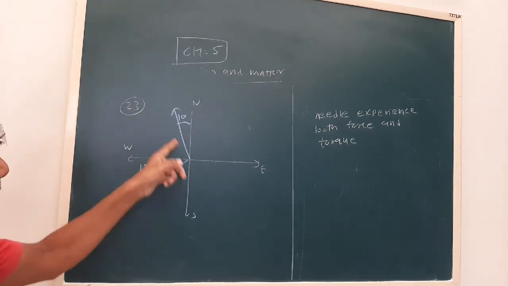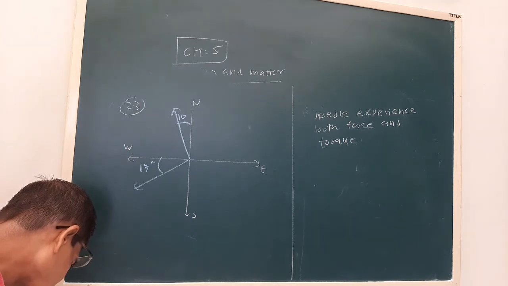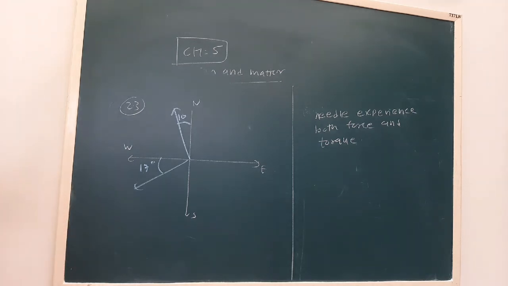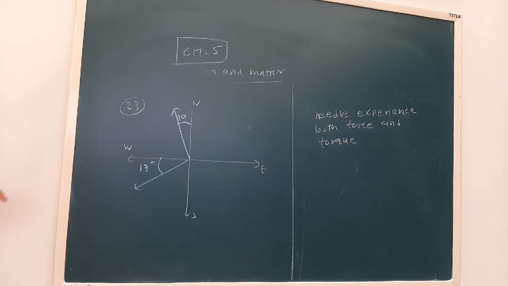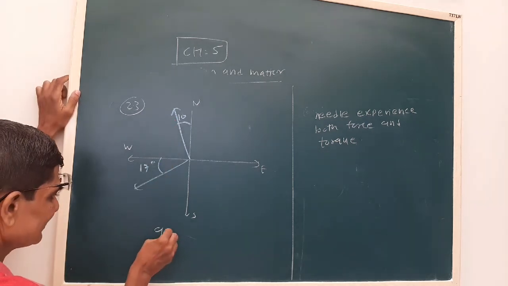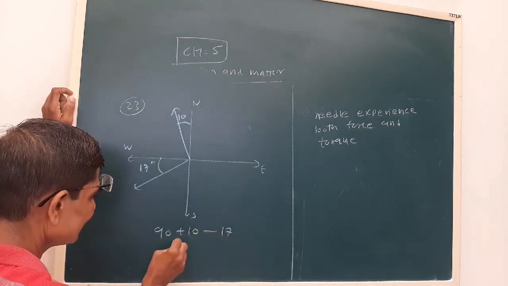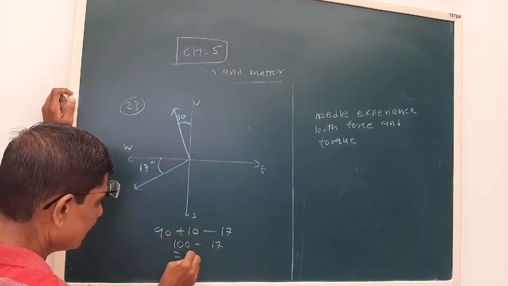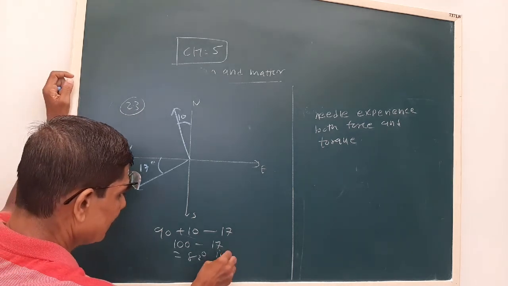Now see, this is our magnetic north-south. So, with what direction? What we can see here is that because of the declination, the magnetic north has moved by 10 degrees. So, it will be 90 plus 10, and 70 degrees west with the south. So, this we have to subtract. Okay, that is 83 degrees in the west-south direction, towards the magnetic meridian.